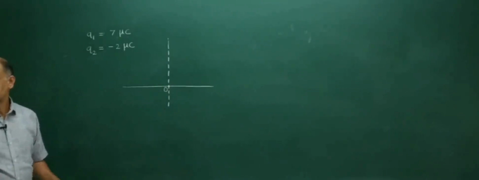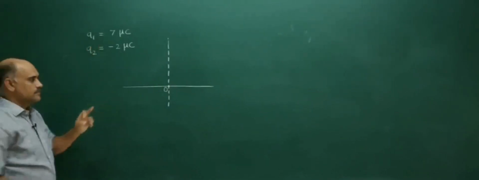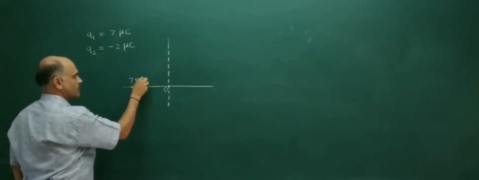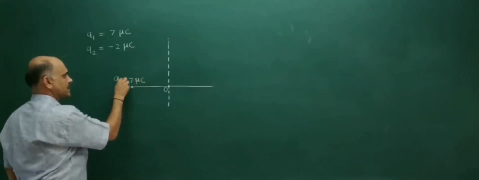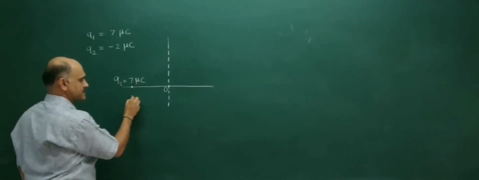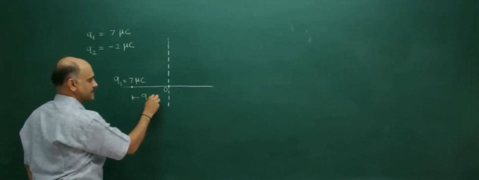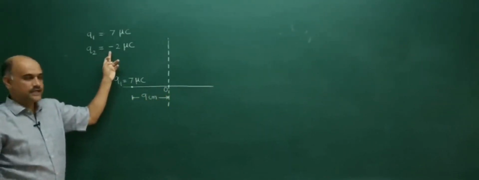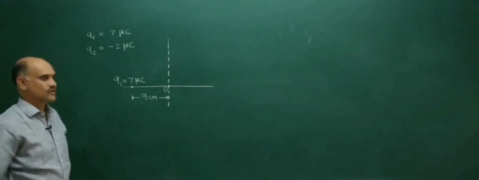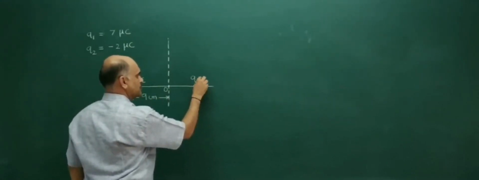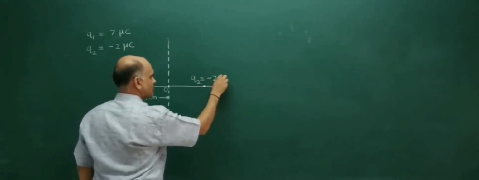So you have 7 microcoulomb, q1, at minus 9, meaning 9 centimeter from origin. Minus 2 microcoulomb is placed on the positive side of the x-axis, so q2 is minus 2 microcoulomb.